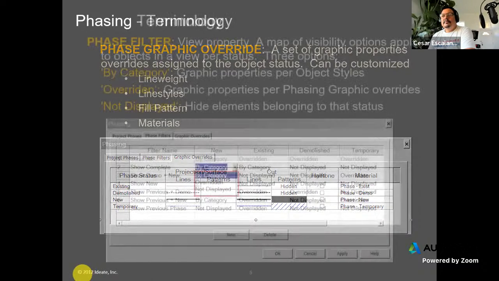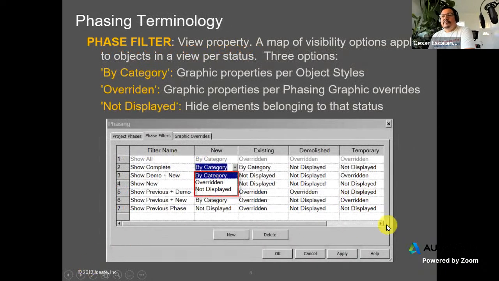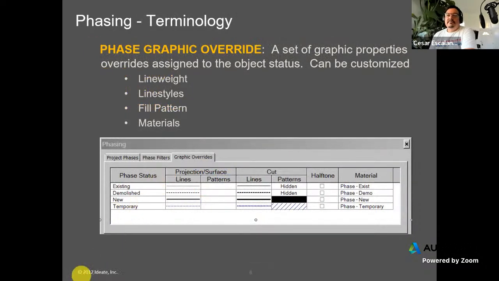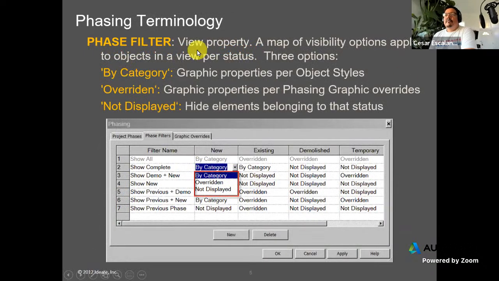Now, these other toggles, which scare people a lot, are actually not that difficult to understand. This is how you apply these overrides to a view. So a phase filter is a property of a view. And it's a combination of toggles that have a name.